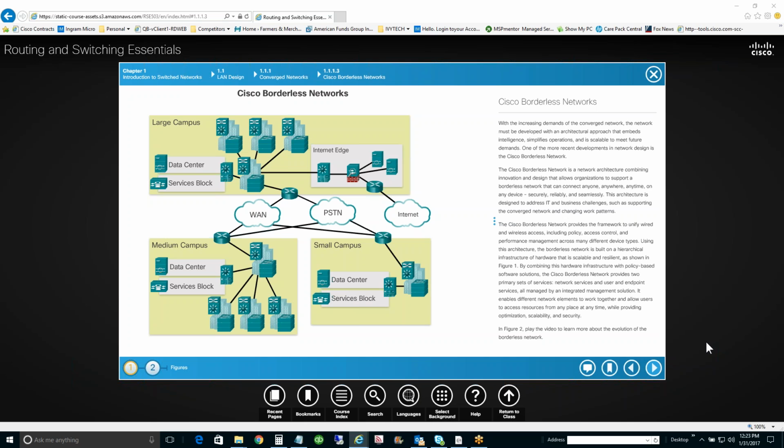The borderless network is based on two sets of services, network services and user endpoint services, and is built on a hierarchical infrastructure with policy-based software solutions. What that means basically is that they provide you the tools to do all this. The goal with all of this is to be able to optimize network resources, provide robust security, and allow for scalability of the network through growth.